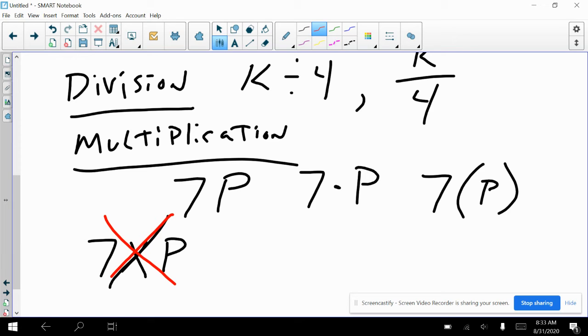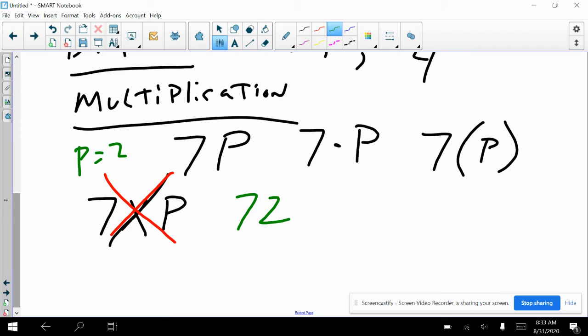When you're trying to solve these, let's say we have 7p. Let's say p is equal to 2. When you plug it in, do we want to do that? Look at my answer down there, 772. Is that good? No, because 7 times 2 is not 72.